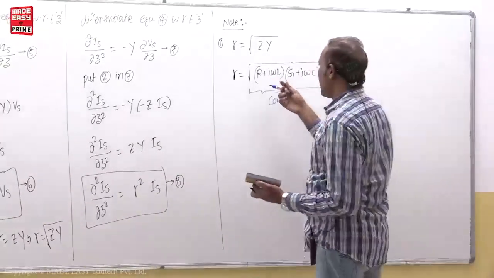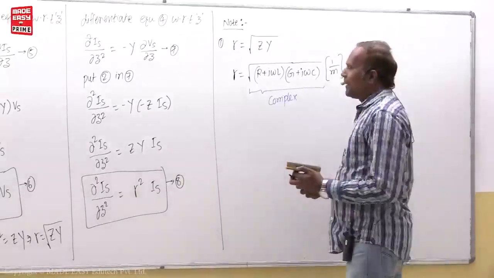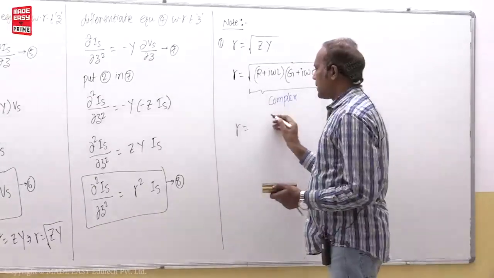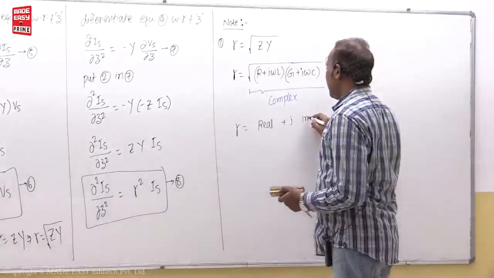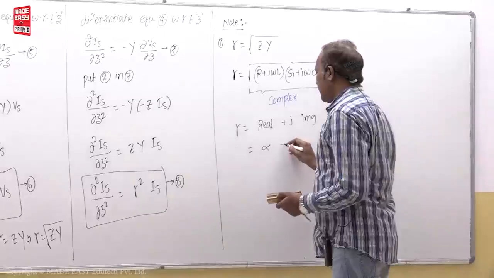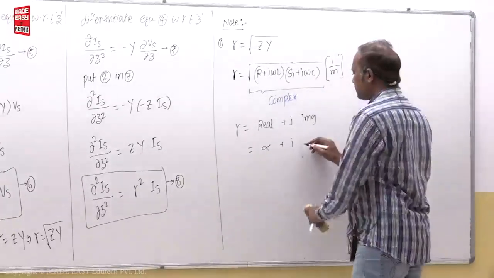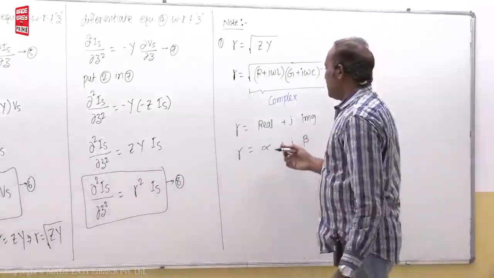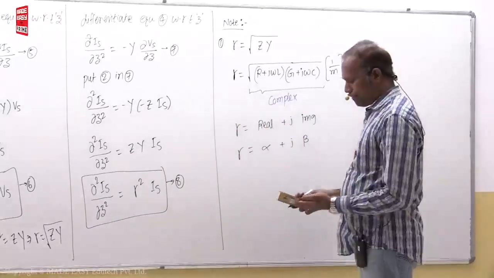Complex into complex is complex, root of complex is complex. So every complex has a real and imaginary part. So that gamma is a complex number that has real and imaginary parts. That real part is called alpha, and this is beta, where gamma is equal to alpha plus j beta.